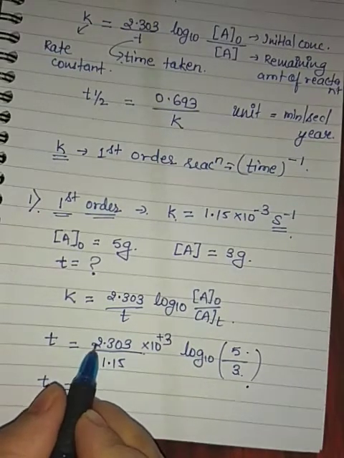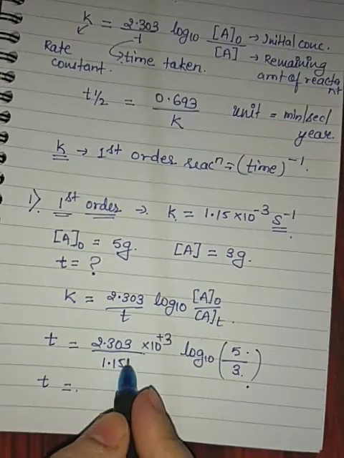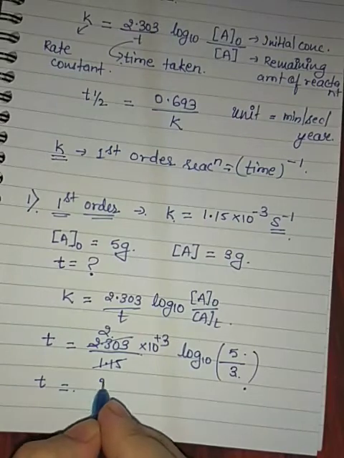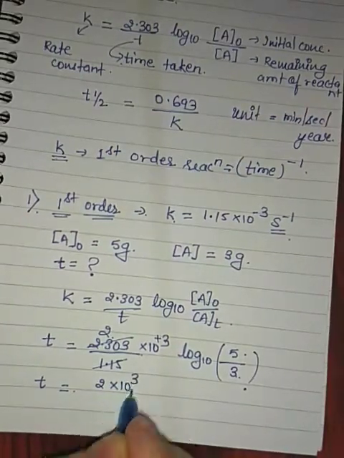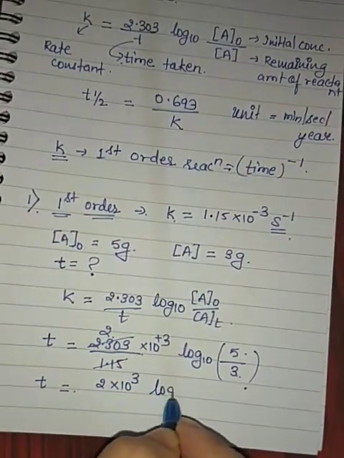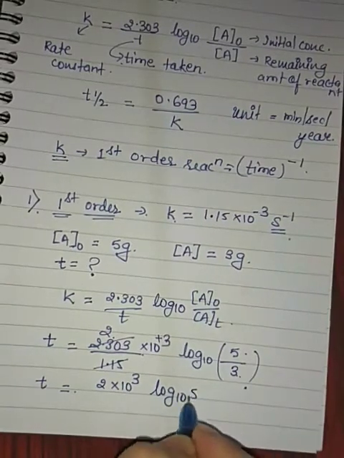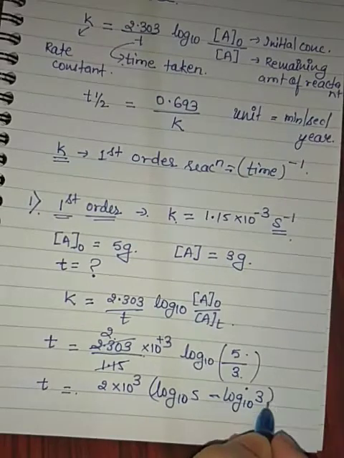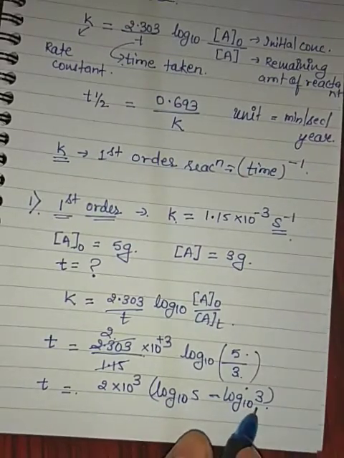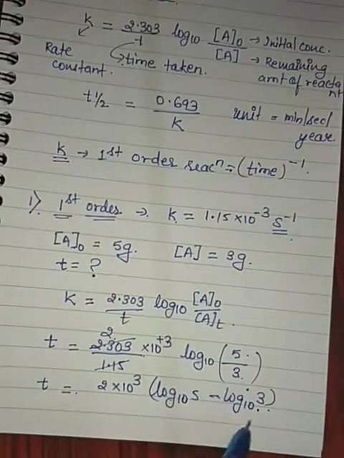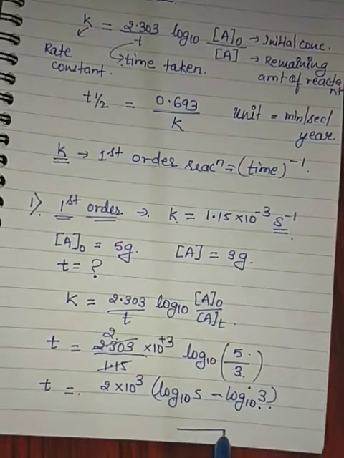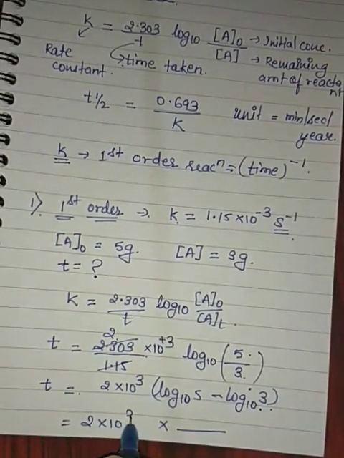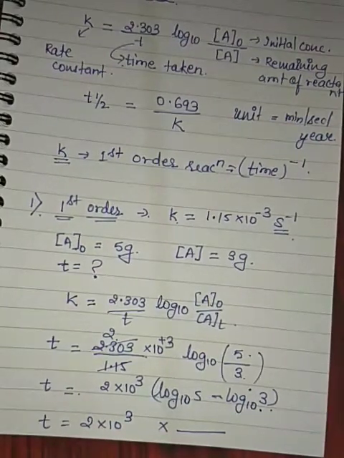So 2.303 upon 1.15: when you double 1.15, it comes out to be 2.3 approximately. So this will be 2. So 2 into 10 raised to 3 times log to the base 10 of 5 minus log to the base 10 of 3. You substitute these values of log, then subtract. You will get a value that you multiply with 2 into 10 raised to 3 and you will get your answer.